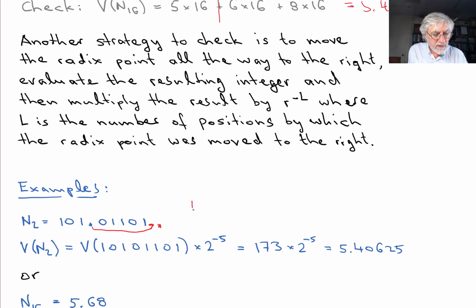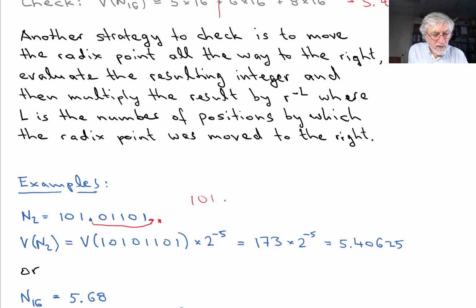Okay, and we can write this as 1010101. So now it is an integer number, but of course we have to take into account that we moved the radix point. We moved it by 1, 2, 3, 4, 5 positions, and so we will have to take the value of this one here and then multiply it by 2 to the minus 5, the number of positions by which we shifted the radix point. And so we get what's written down here.